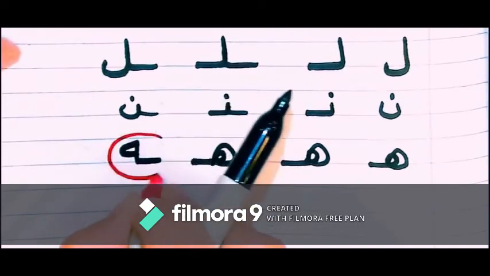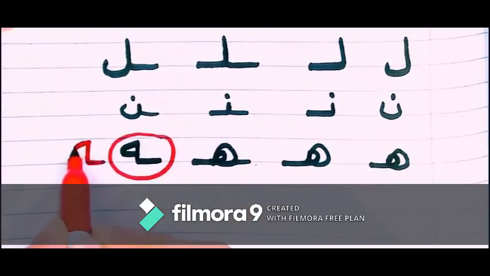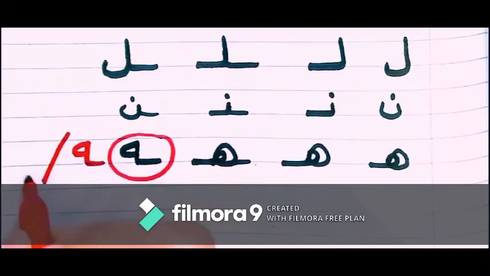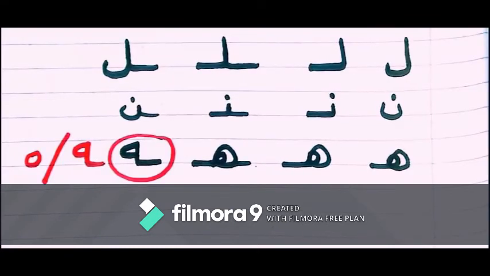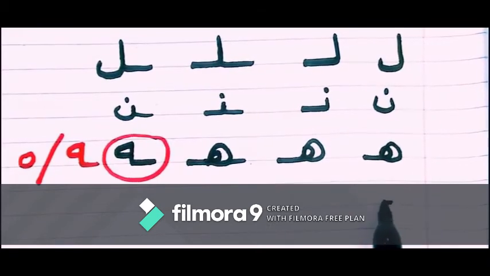The ha, it takes this form. Look, I'm going to write it again. Ha. And there's another shape, which is a circle, and I'll show you when this circle happens in other lessons.